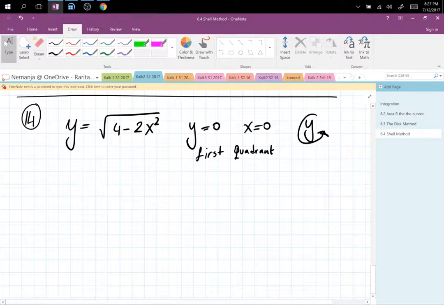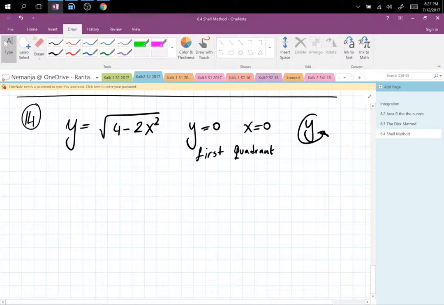It's a half ellipse. You know how you know it's not a circle? The values in front of y squared and x squared are not the same. Anytime the numbers in front of x squared and y squared are the same, it's a circle. Every time they're different, it's an ellipse.